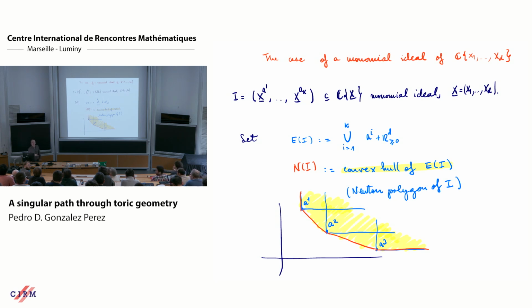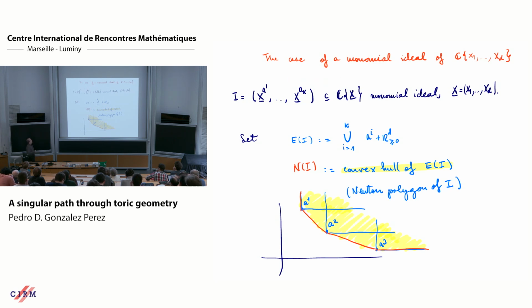The quotient of a power series ring by an ideal. In the case now of a monomial ideal of the power series ring, say generated by x^A1, ..., x^AK, so A1, ..., AK are the exponents.